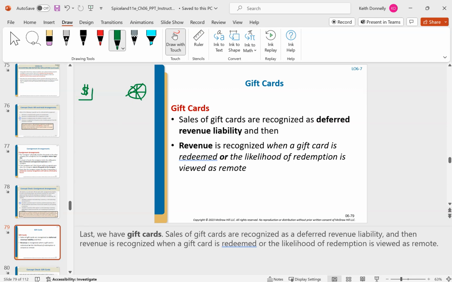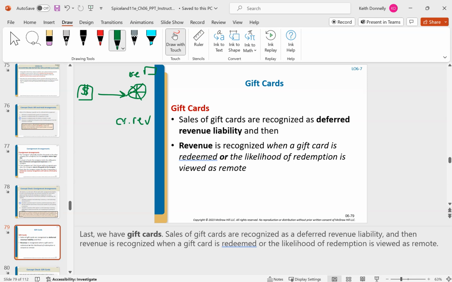When you get that money up front, it's going to be unearned revenue, deferred revenue. Later on, whenever they come in and use the gift card, that's when we're going to credit revenue for it. It's not when we get the money, it's whenever they use the gift card. We provide the services, we give them the goods.